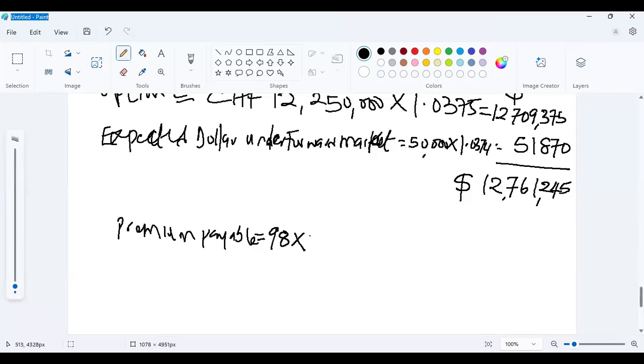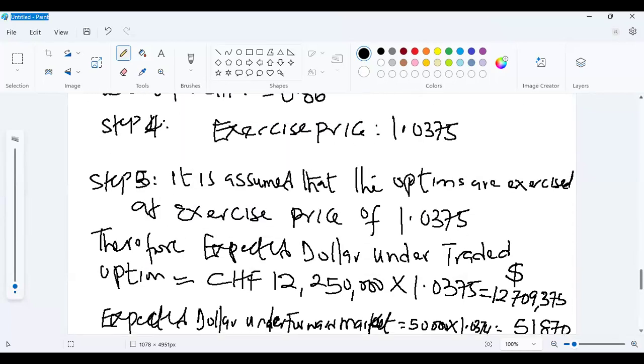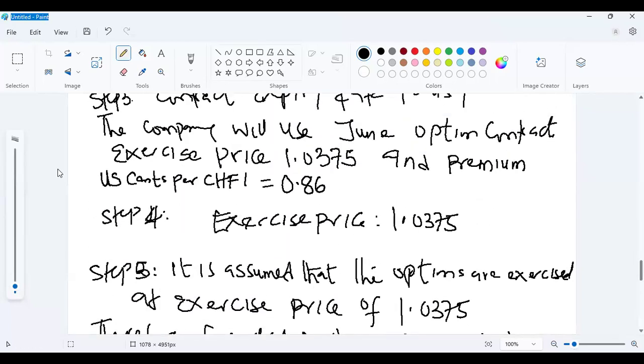The contract size is 125,000. Then multiply by the premium given to you. Look at the premium. Examiner says United States cents per CHF, 0.86. You need to be careful here.